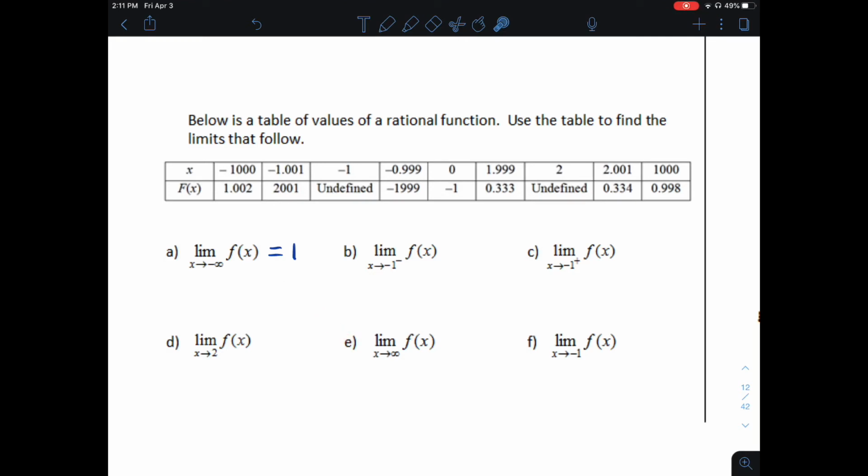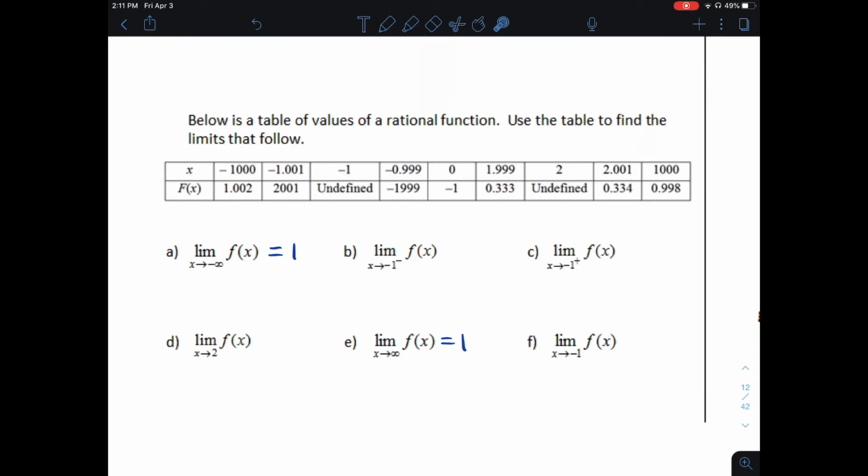Let's go to the positive infinity one. If we go to the right forever, it looks like this is also getting closer to 1. Could it be 0.99 repeating? Sure. We are guessing, but 1 seems reasonable.